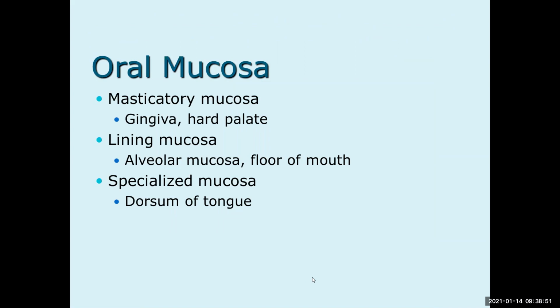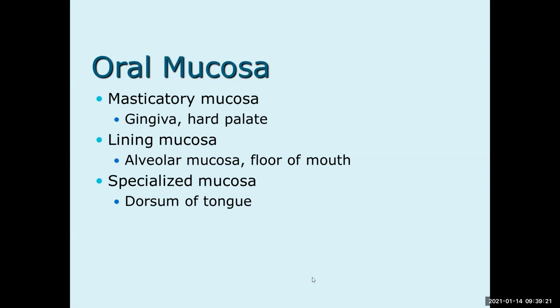You do need to know the difference. Masticatory mucosa is the gingiva and hard palate. Lining mucosa, alveolar mucosa, and the floor of the mouth, and then the specialized mucosa is the dorsum of the tongue. So, what's the difference between the masticatory and lining mucosa? Masticatory is more hard, like hardened.